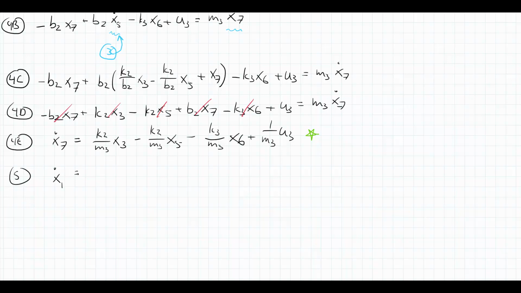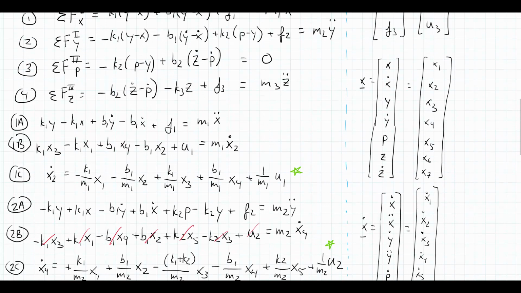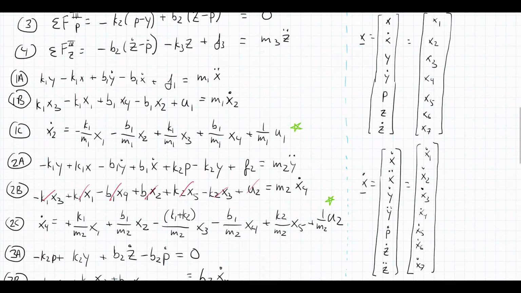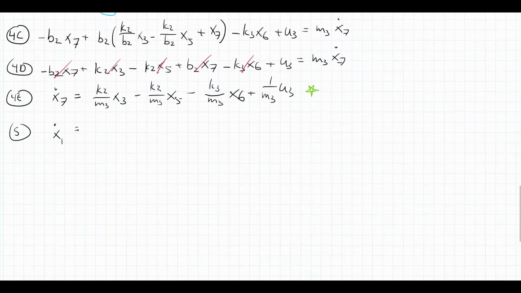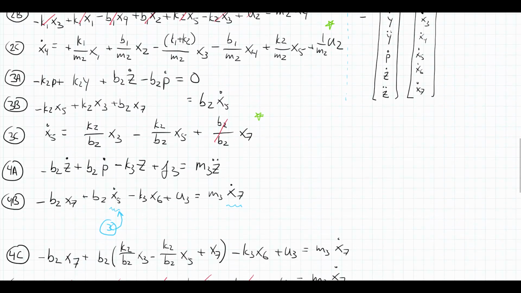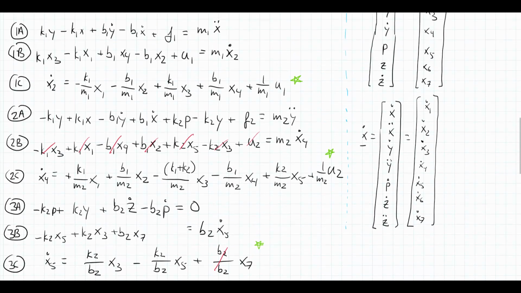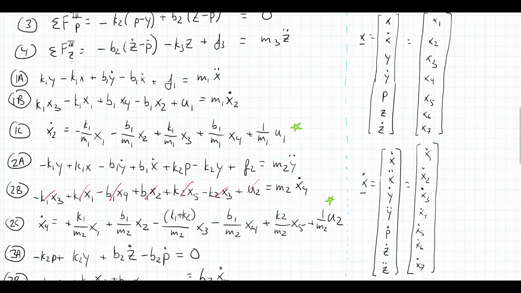We're going to get these from the mapping equations. x1 dot I can express as x dot from the lower equation. X dot is also x2, therefore x1 dot is also x2. Okay, we have x1 dot, we have x2 dot, we don't have an x3 dot yet, so that needs to come into play here. So x3 dot, again from a mapping equation, x3 dot is y dot is also x4.